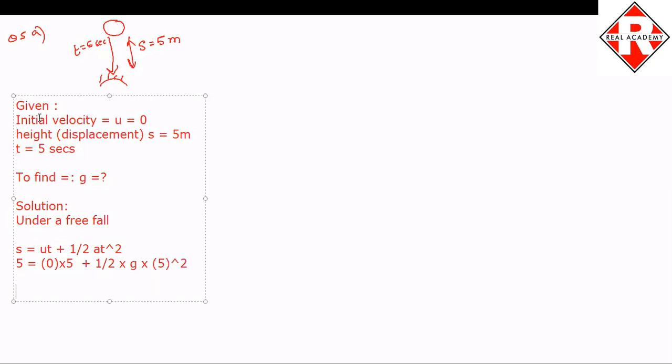So this will be 5 equals 0 plus 5 square, which is 25G whole upon 2. Or I just write it as half into G into 25. So 0 is gone.